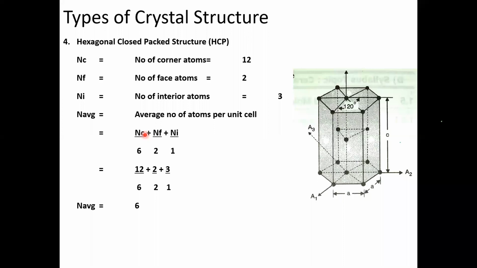NF is 2, because the top hexagon has one center atom and the bottom hexagon has one center atom. Ni is only 1, because only one atom is at the center line; the other 2 are not at the center line.